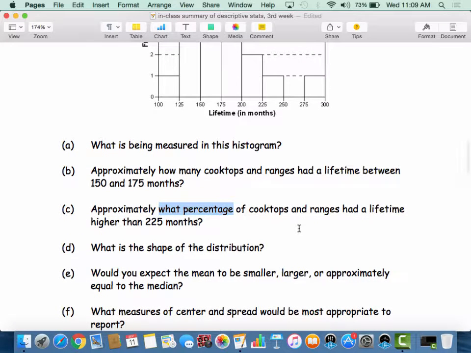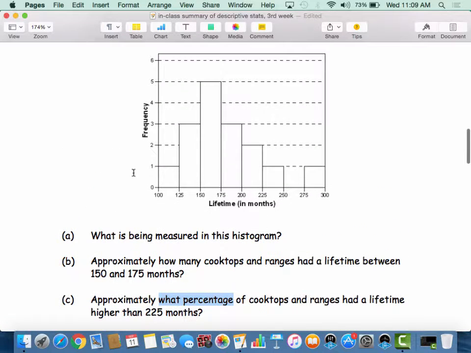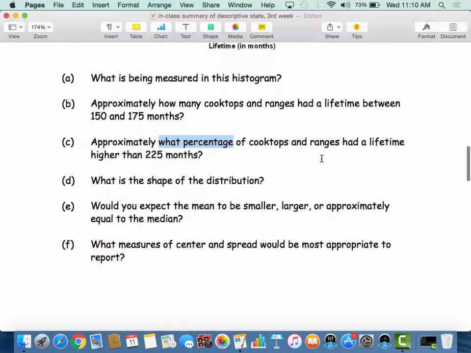Shape of the distribution. What is it? Skewed right. Okay. Remember that curve? You got the curve there. Boom. Okay. Most of your data is in this area here. Now, if it was normal, it'd be a perfect bell-shaped symmetric curve. But in this case, it is not.